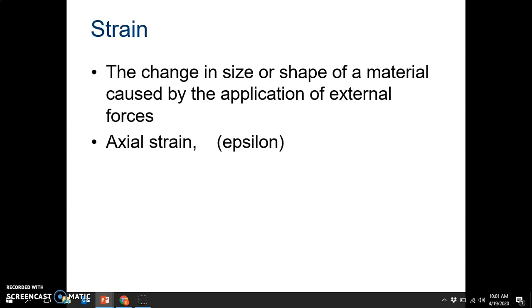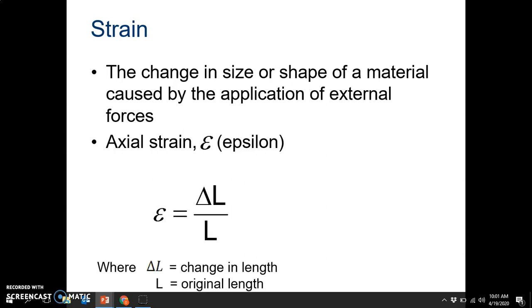The symbol for strain is epsilon, the little squiggly E, and it is represented by delta L over L, where delta is the change of. So the change of L over the original length.